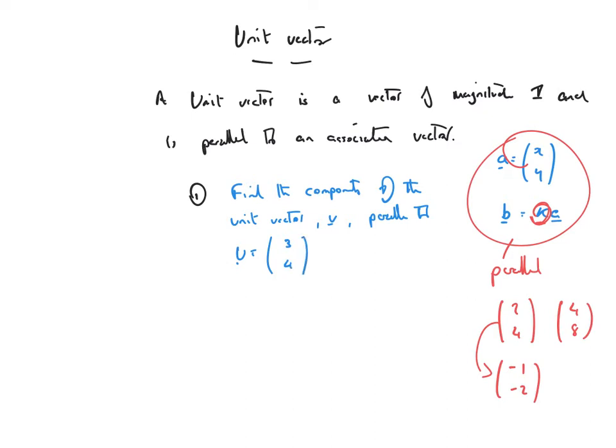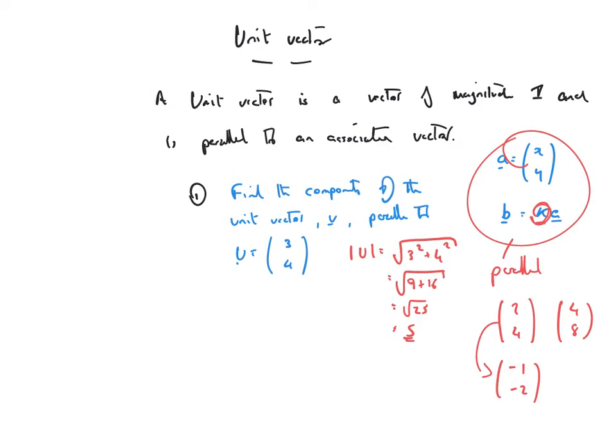Okay, well, the first thing is we need to investigate the magnitude of 3, 4, so that is going to be the square root of 3 squared plus 4 squared, and that is the square root of 9 plus 16, which is square root of 25, which is equal to 5. So the vector U has got a magnitude of 5.